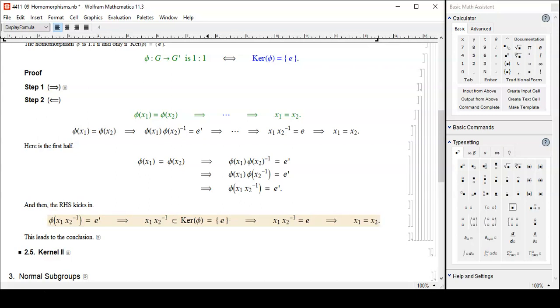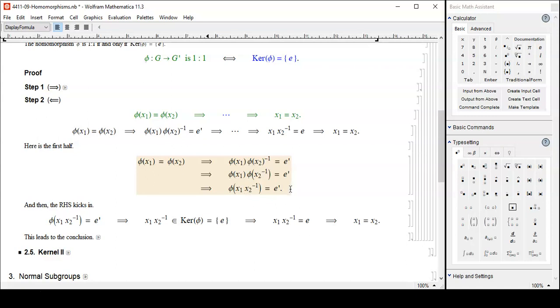Okay, let's conclude like this. So start from here. Function values are the same. Flip one to the other side. And right hand side E prime. Slip this inverse inside because that's what homomorphism does. And then put these together and get x1, x2 inverse because that's what homomorphism does.